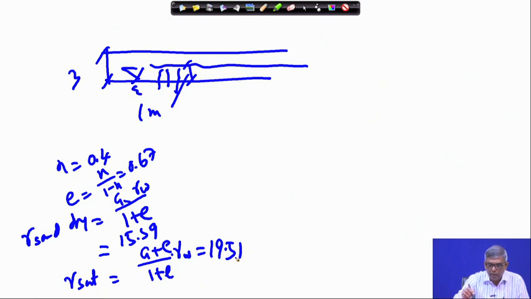Now, if I do the total stress diagram like this, you will get up to 2 meter.